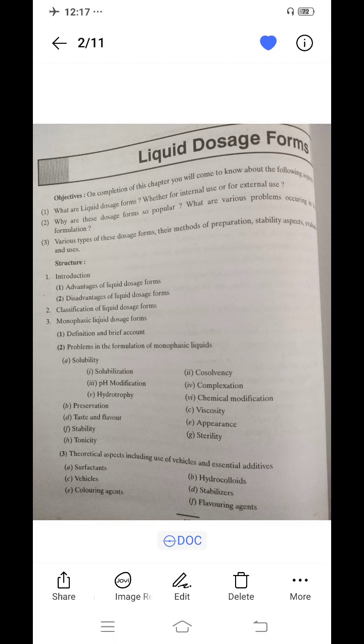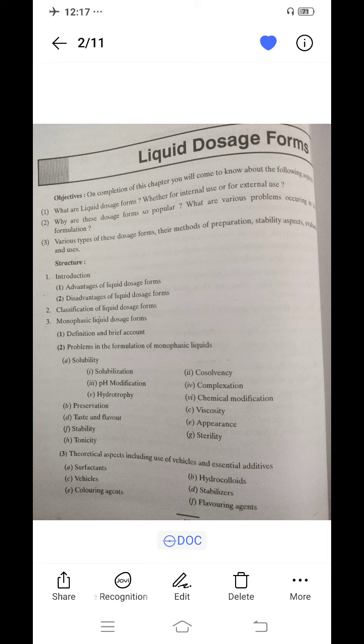The next we have is viscosity. So another important point in case of liquid dosage forms is they should not be too viscous, or they should have controlled viscosity.